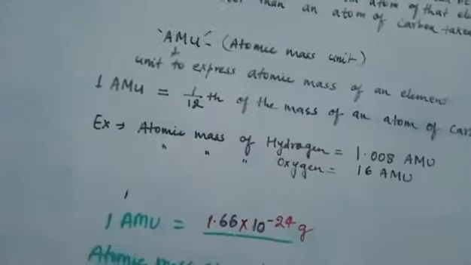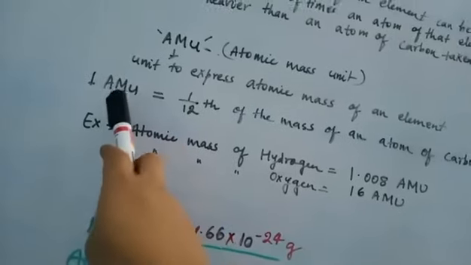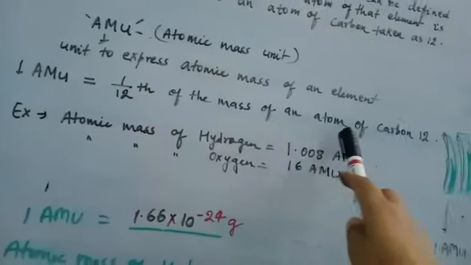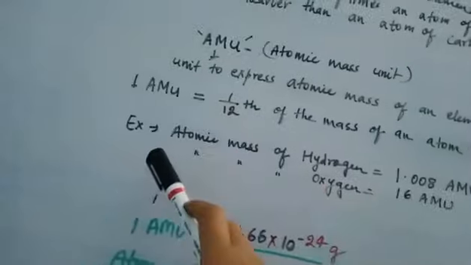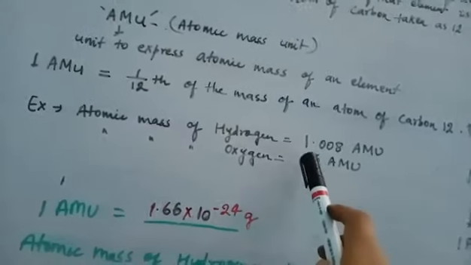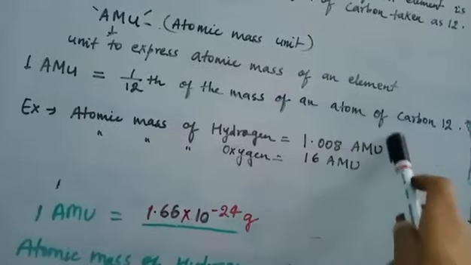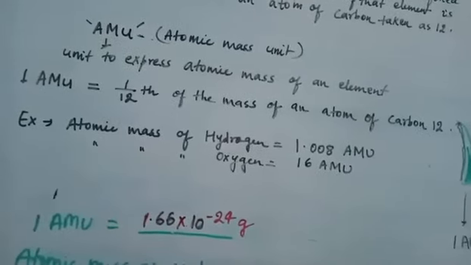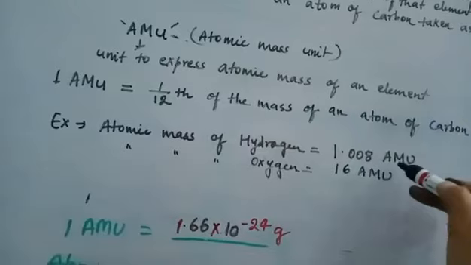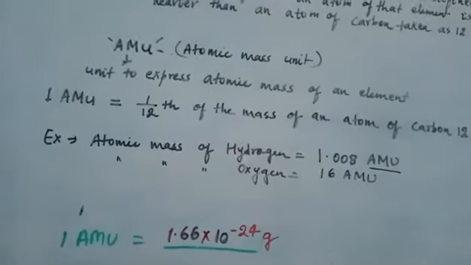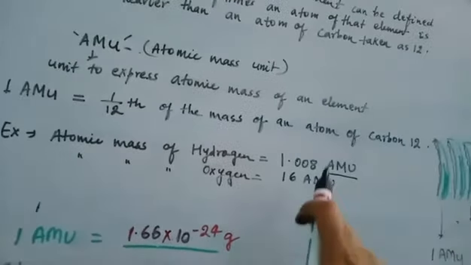So 1 AMU is 1/12 the mass of an atom of carbon 12. The atomic mass of hydrogen is found to be 1.008 AMU. Why?